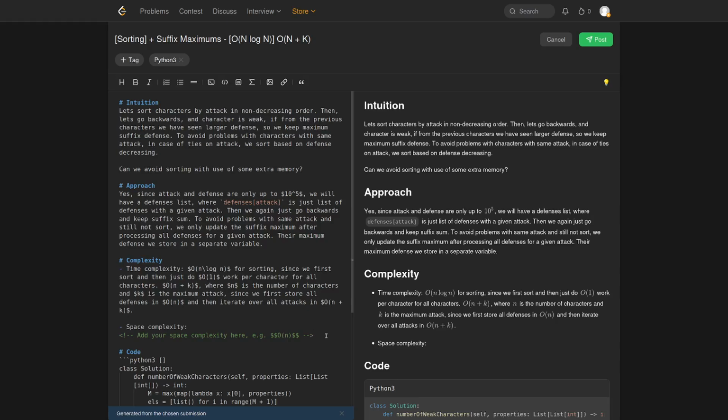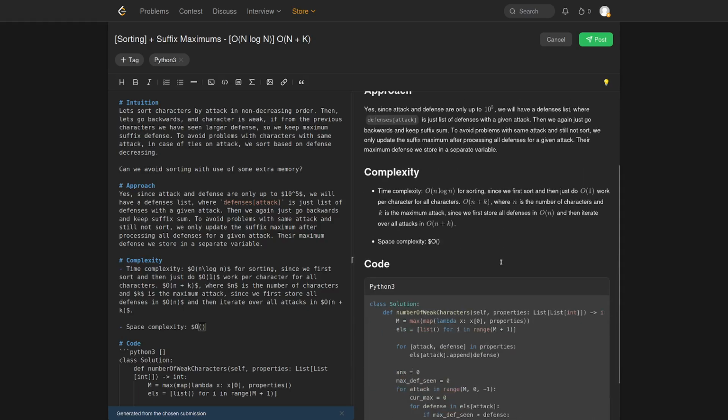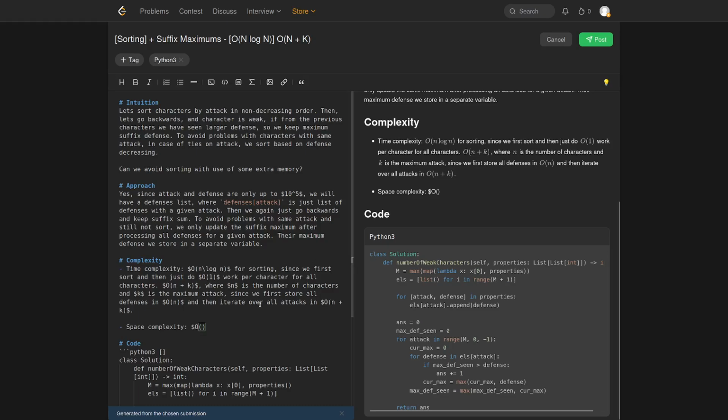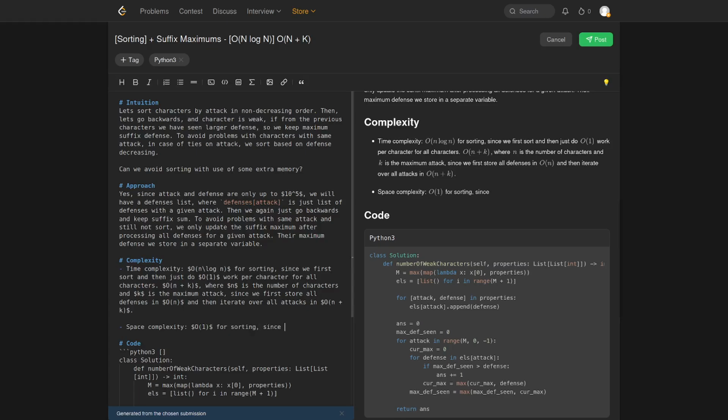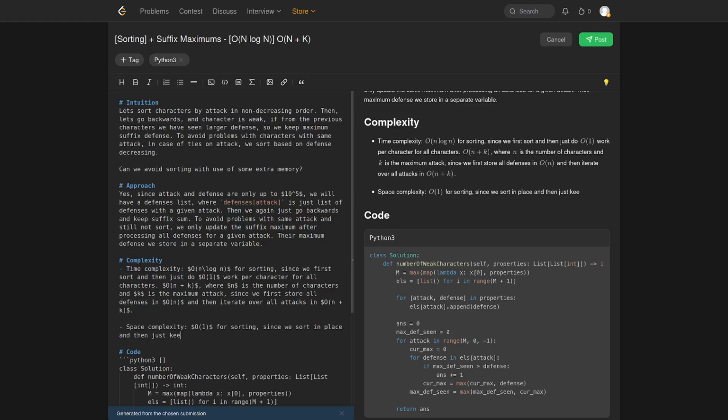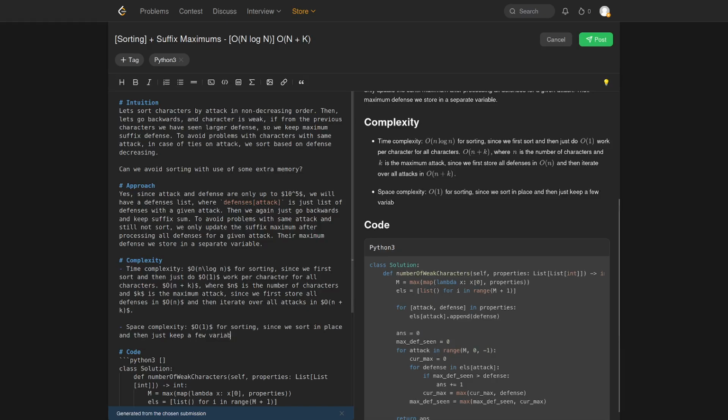Okay, and then for memory complexity, do we even use anything in the sorting solution? No, O(1) for sorting, since we sort in place and then just keep a few variables.